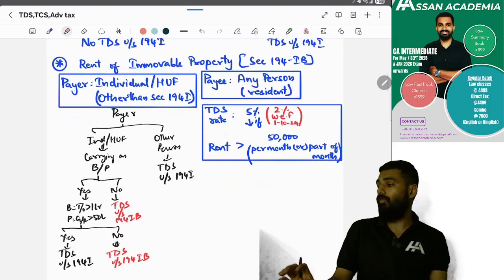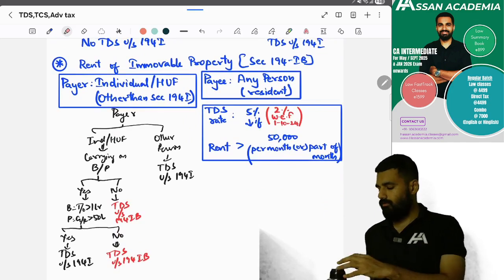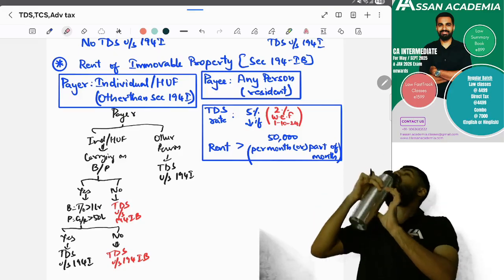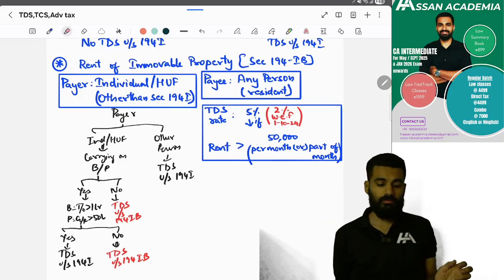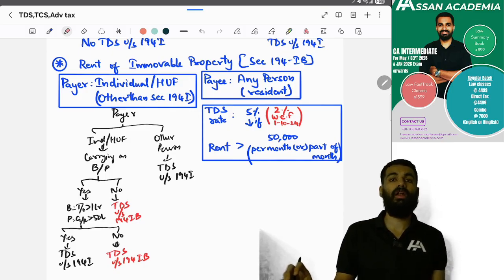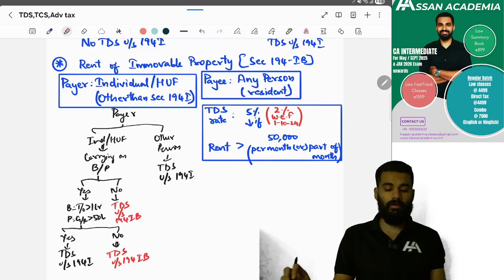Next, rent of immovable property. Who is this payer? Rent of immovable property under section 194I. Who is the payer?